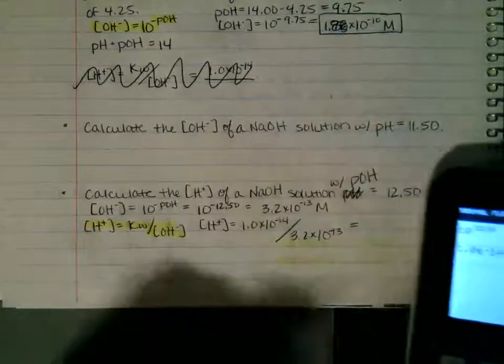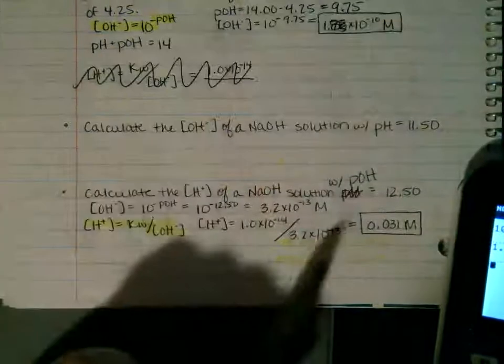You could do it this way, and you would get that your hydrogen ion concentration is 0.031 molar.